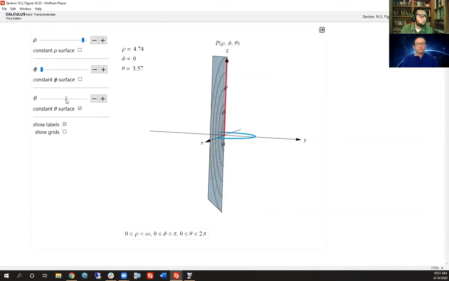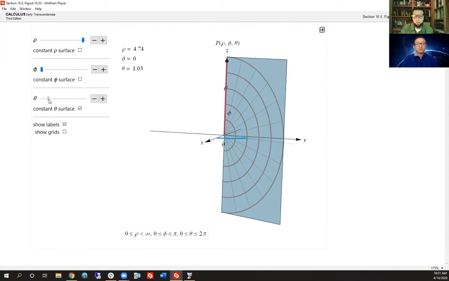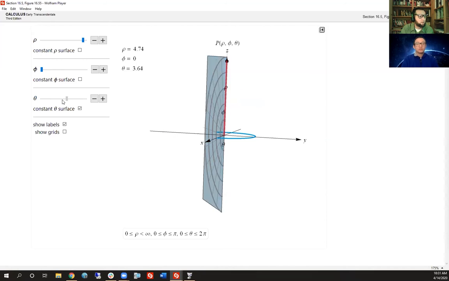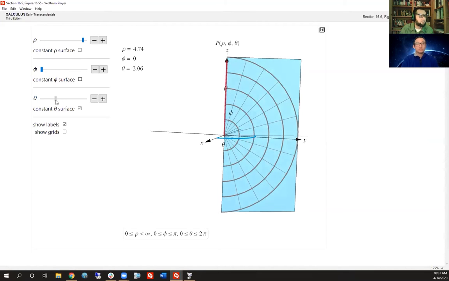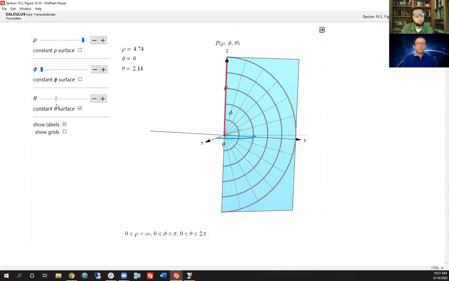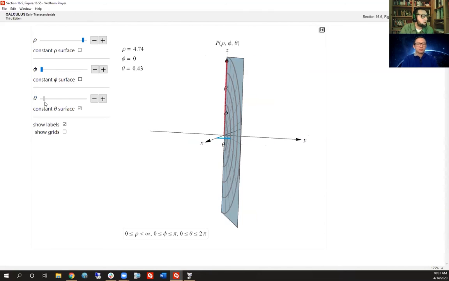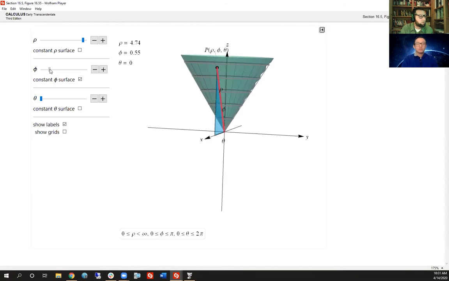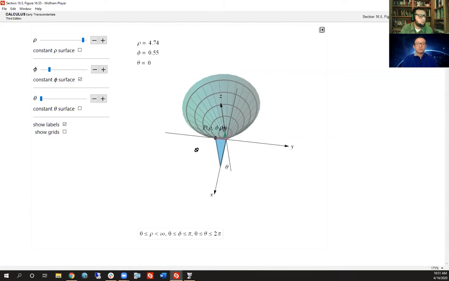Go ahead, Enrique. I was saying that plane is through z, not parallel to anything. Right, it's through the z-axis. It's not parallel to either the xy plane, yz, or something like that. The most interesting one in spherical coordinates is what happens when phi is constant. And you'll notice that when phi is constant, you have a cone.